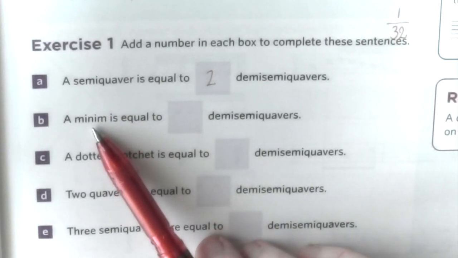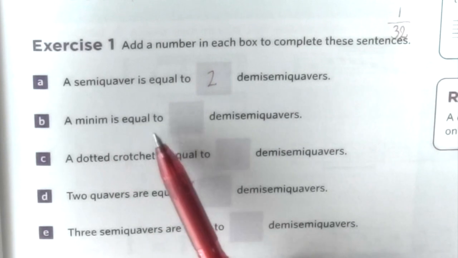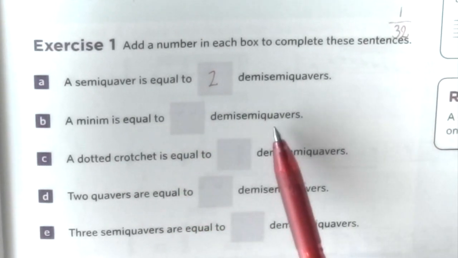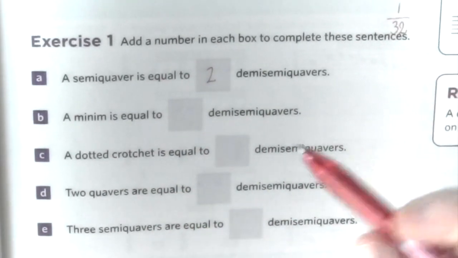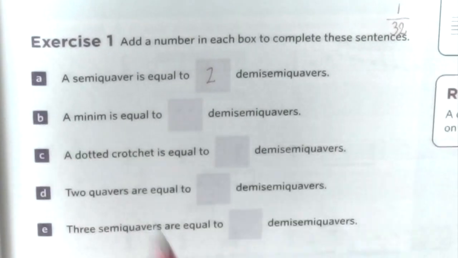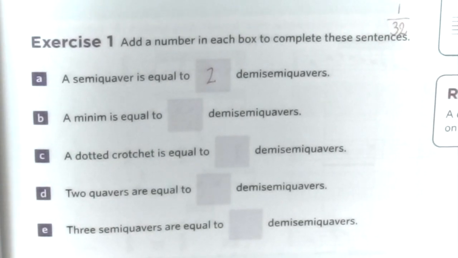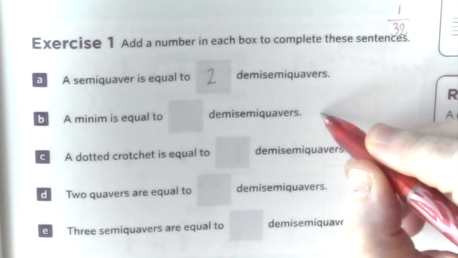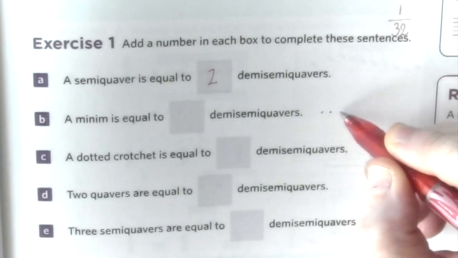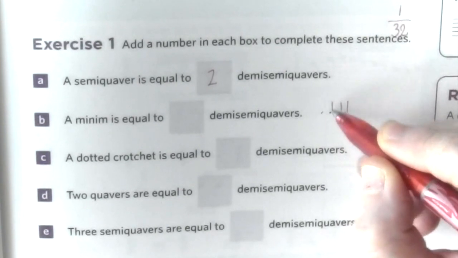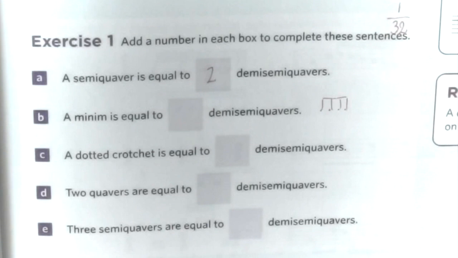A minim is equal to a certain number of demi-semi-quavers. Now, a minim is 2 crotchets, and each crotchet equals 2 quavers. So a minim is equal to 4 quavers.